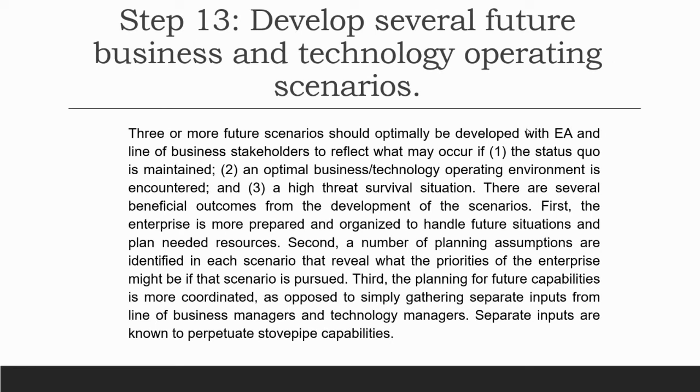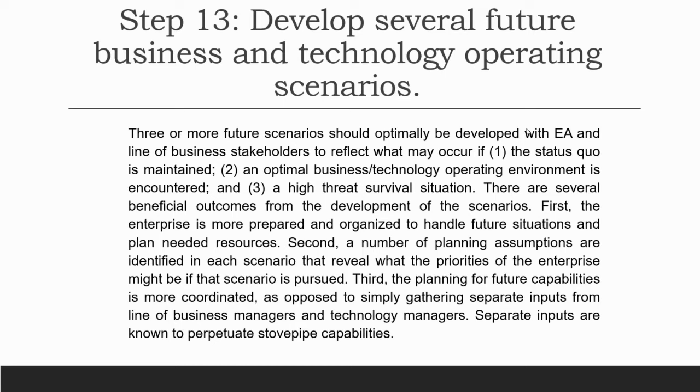In step 13, develop several future business and technology operating scenarios. Prior to developing future views of EA components, it is beneficial to gain a high-level understanding of potential future directions that the enterprise could take depending on how it responds to internal and external influences.